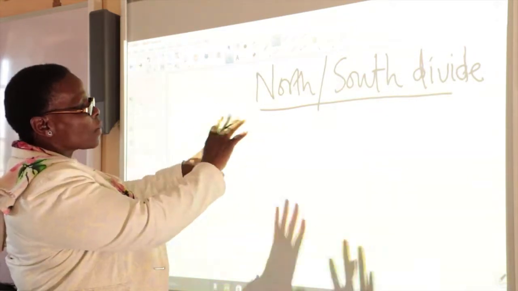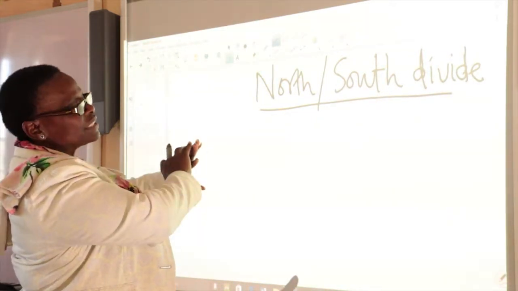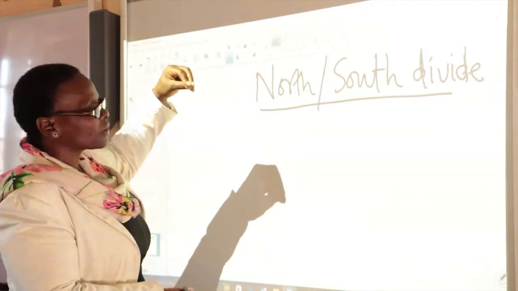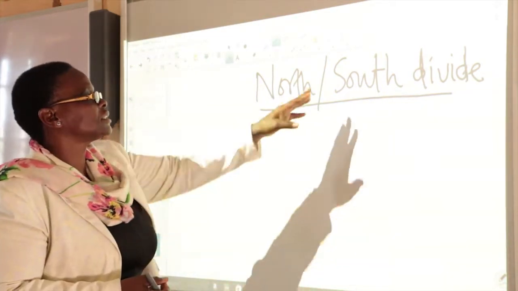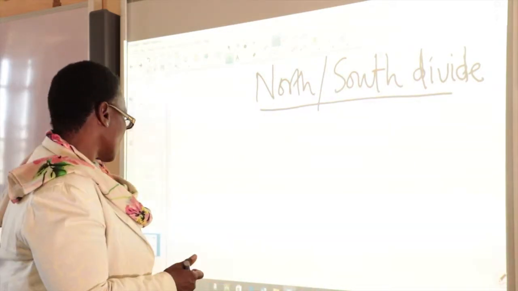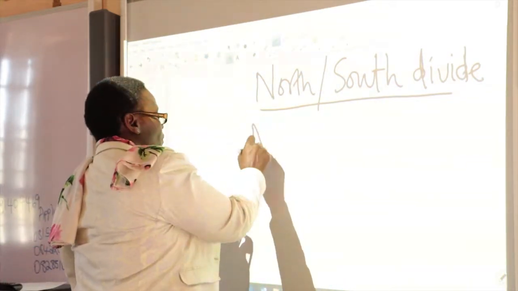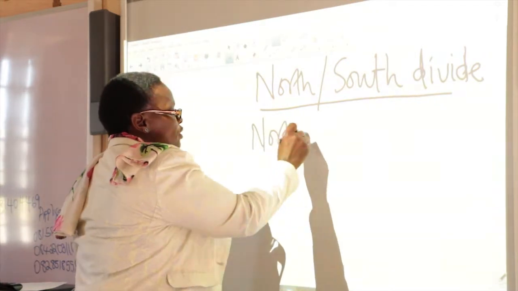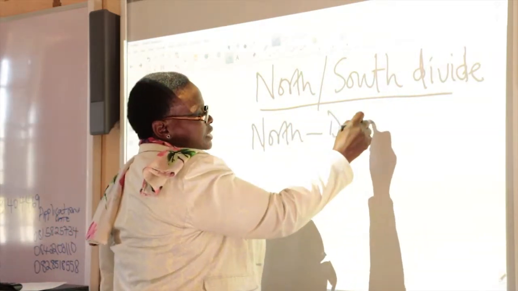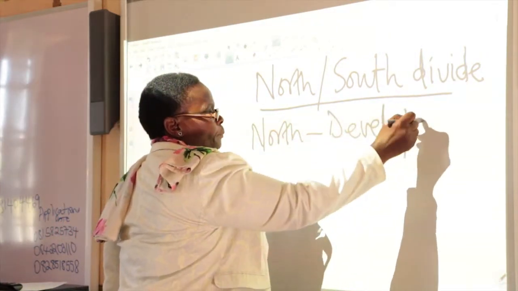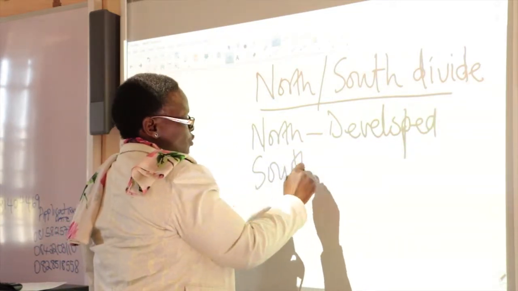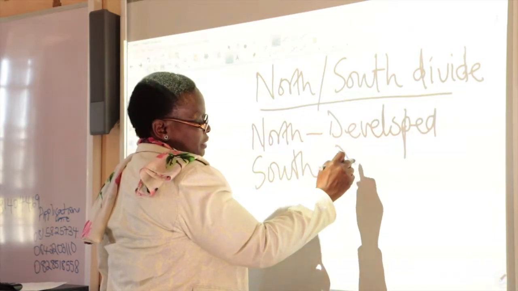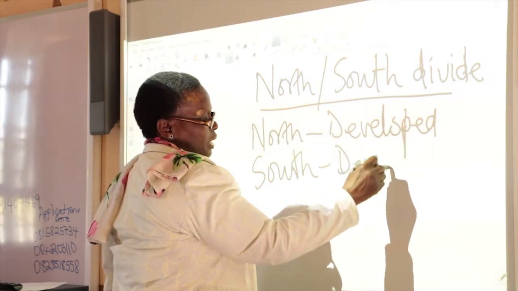But this has nothing to do with the geographical location of the country now, because you find that there is a developed country that is in the south. So for north, we are referring to the developed countries, and the south referring to less developed countries.